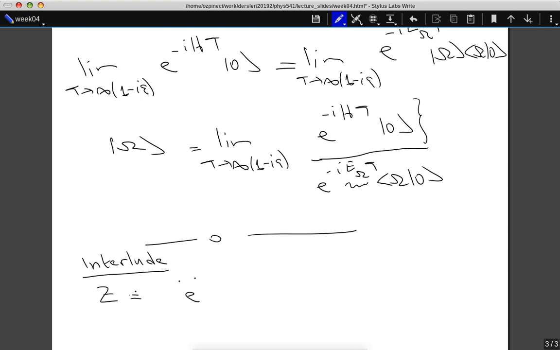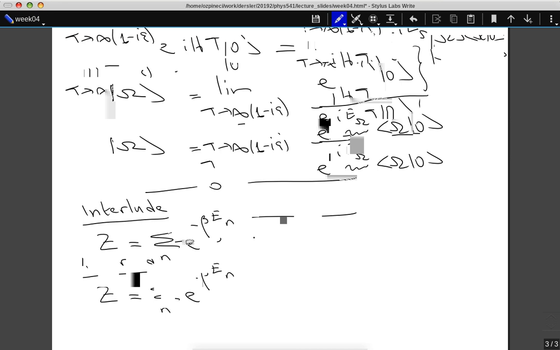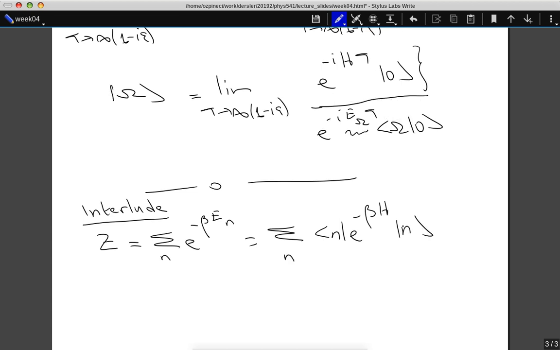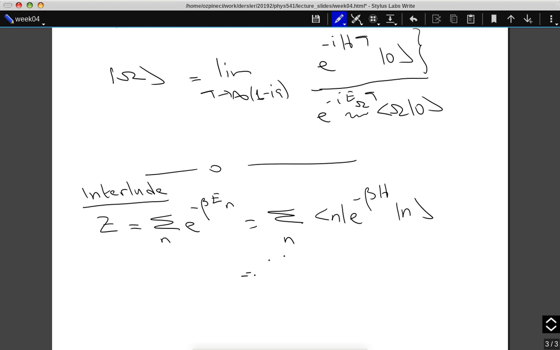It's just the sum of e to the power minus beta En, summed over all the microstates. And if you know the partition function, you basically can calculate anything you want about the system. But this is nothing but the sum over n of e to the power minus beta H, n.